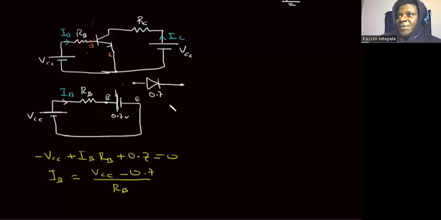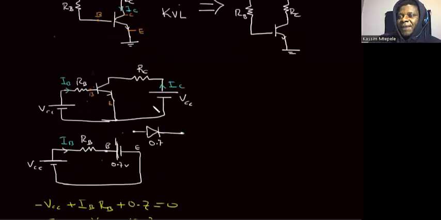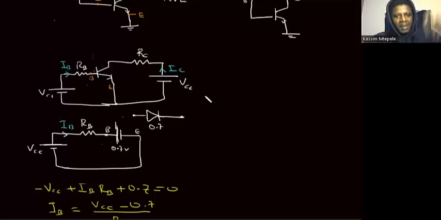We can do the same for the output signals. At the output, as we know, this is collector and this is emitter. So here we have VC and here we have VE. The difference between these two gives us VCE.